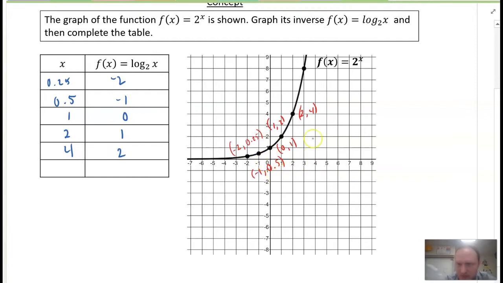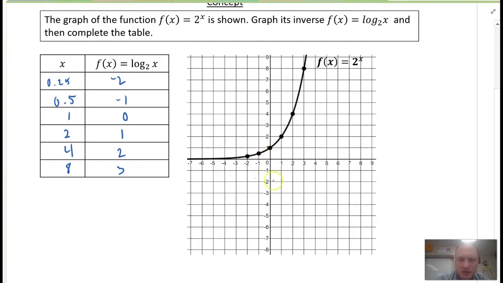Oh, I guess I'm missing this one. This is 3, 8 up there, but I can add it to the table. It doesn't hurt. Here is a logarithmic function, and now I'm going to plot these values.